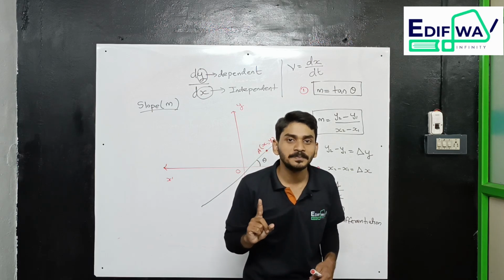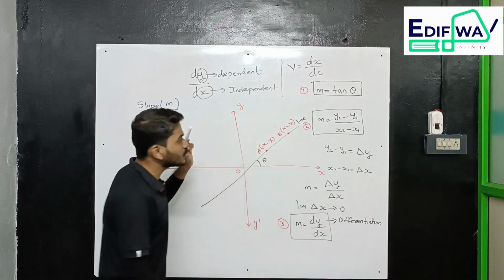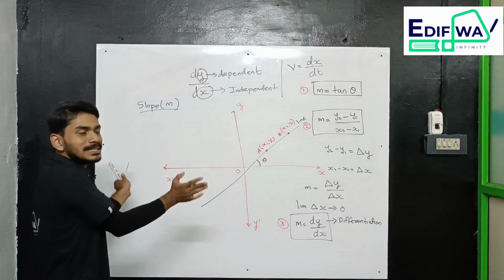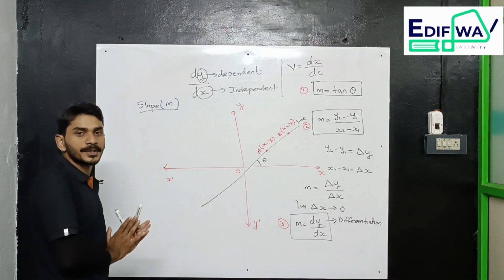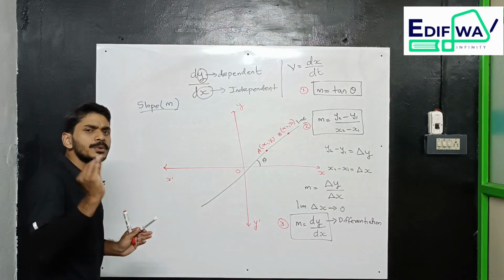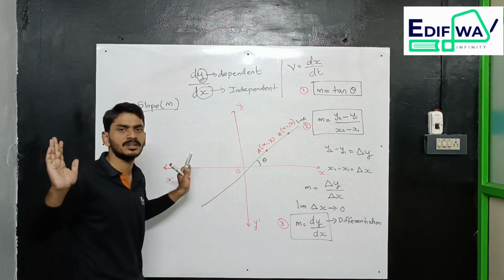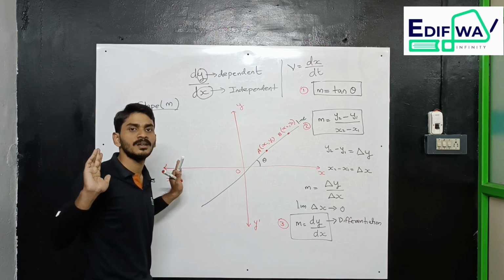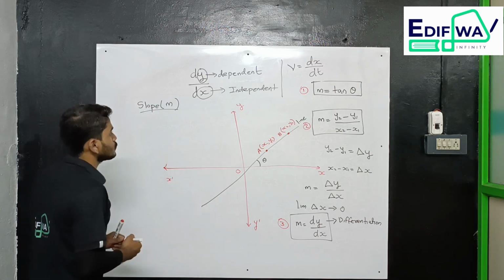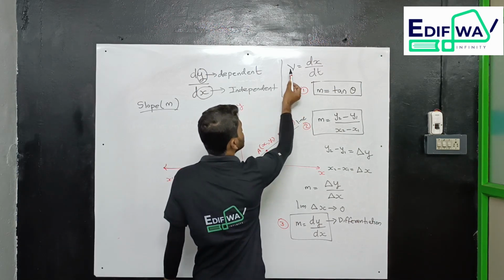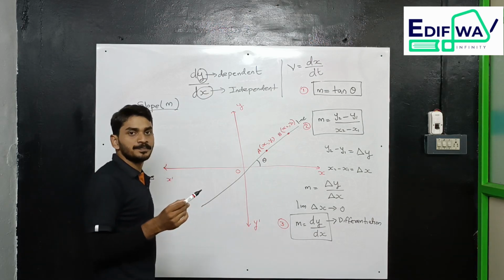This is the time I am going to teach you all the basic concepts of differentiation and integration. This will be useful not only in this chapter but in the entire physics. So this was our instantaneous velocity, dx by dt.